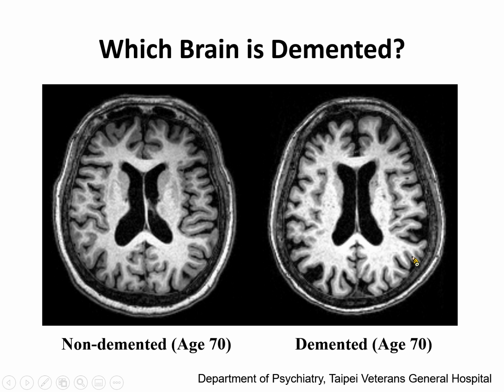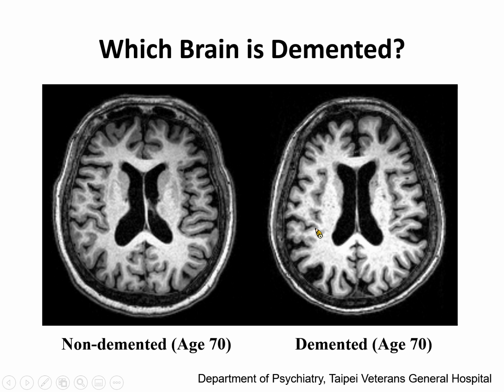So if you look at these regions, you will find a profound brain atrophy in the temporal region compared to healthy older people. That is one possible finding that you can see in a demented patient.